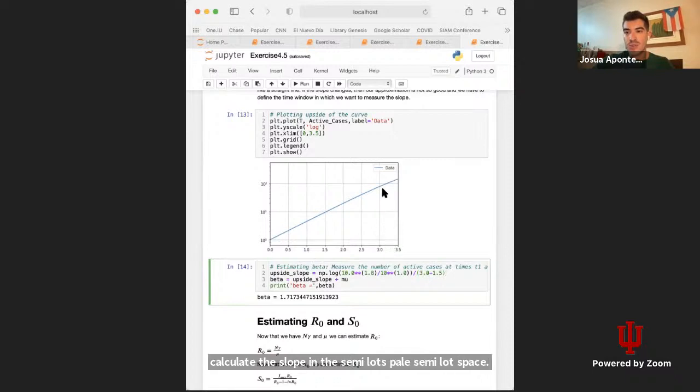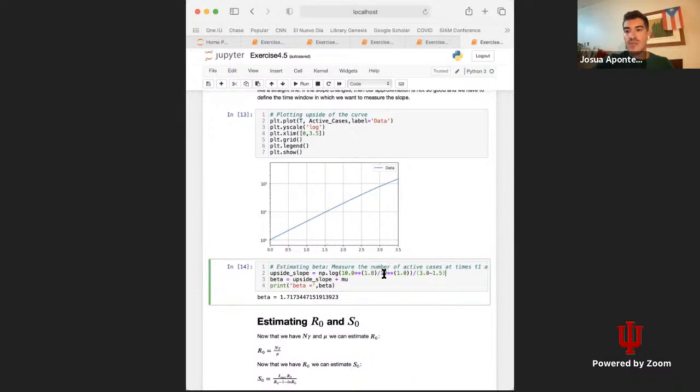In this case, I took day 3 and day 1.5, and at time 1.5, the value is 10 to the 1. At time 3, the value is 10 to the 1.8, and that gives me the slope of this curve.